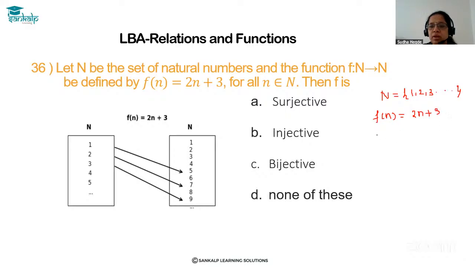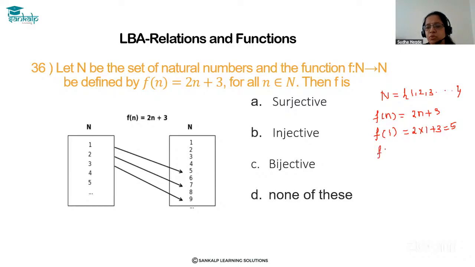Correct? Now what is f of 1? In place of n, you have to put 1. If you are putting it in the LHS, you have to put it in the RHS also. So 2 into 1 plus 3. So f of 1 is 5. Is that correct?